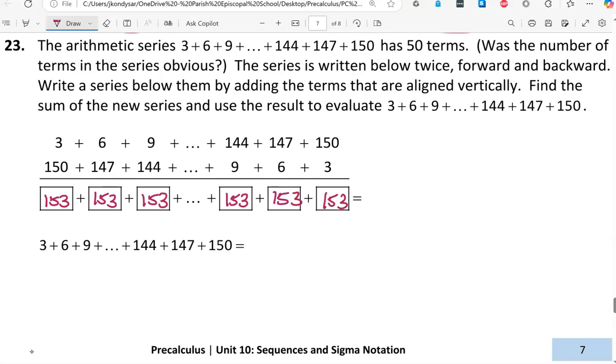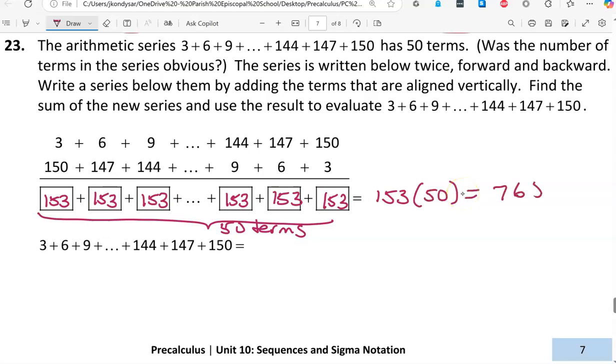Now, you'll remember from the previous problems, when we have a constant that's added to itself 50 times, that is to say there are 50 terms here, that this is equal to 153 times 50, which is equal to 7,650.